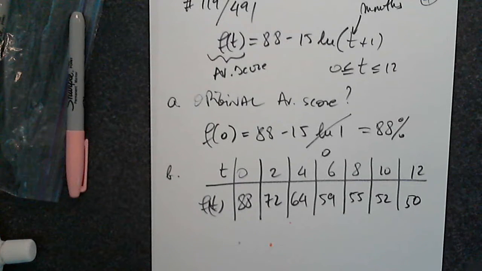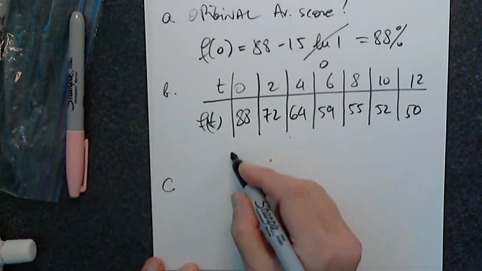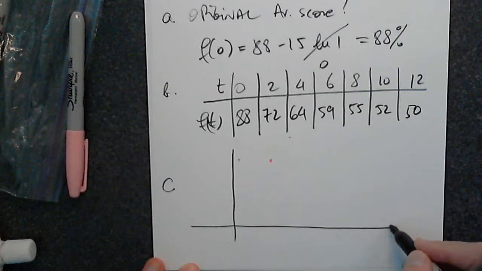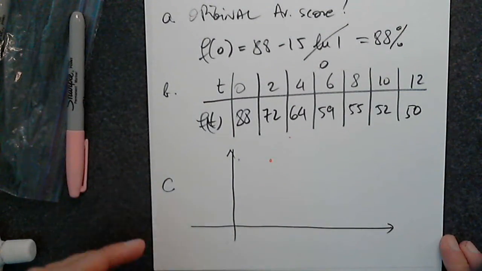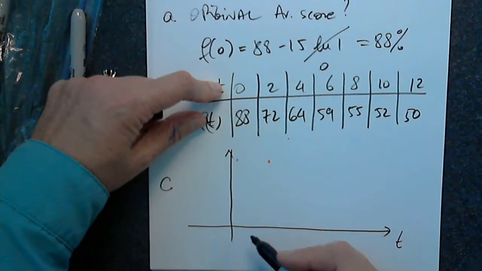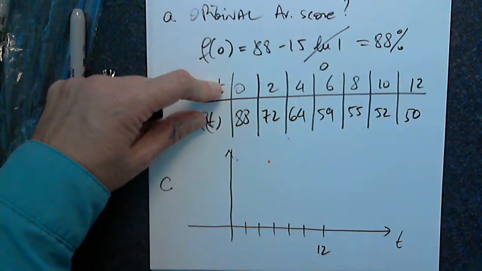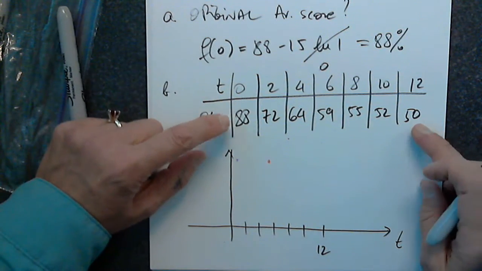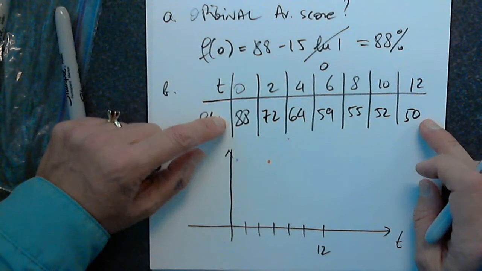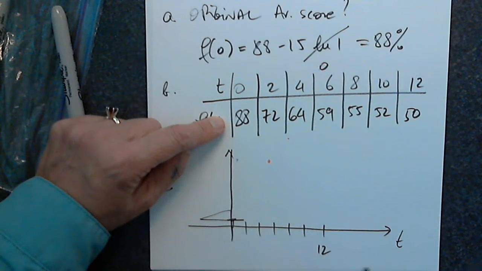Finally, we're asked to graph this function. No problem. In part C, let's graph it. T goes from 0 to 12: 2, 4, 6, 8, 10, 12. And the y values go from 50 to 90. So I'm going to make a break in the y-axis.